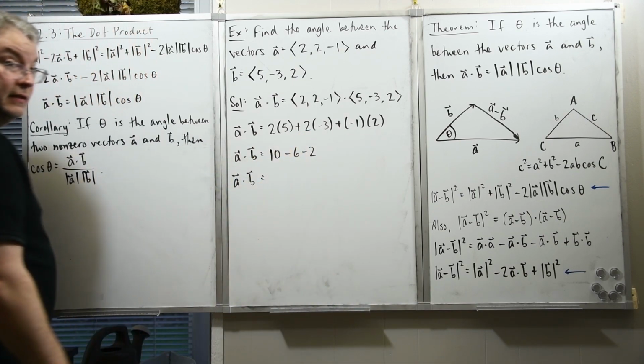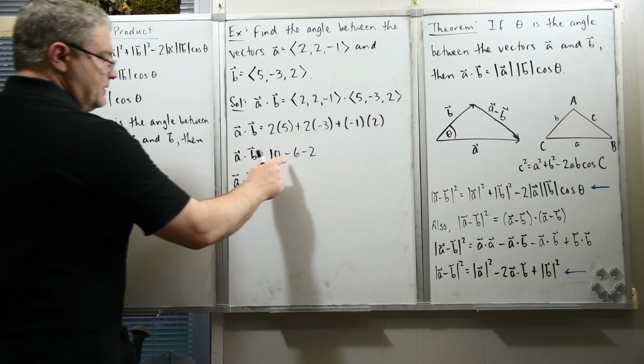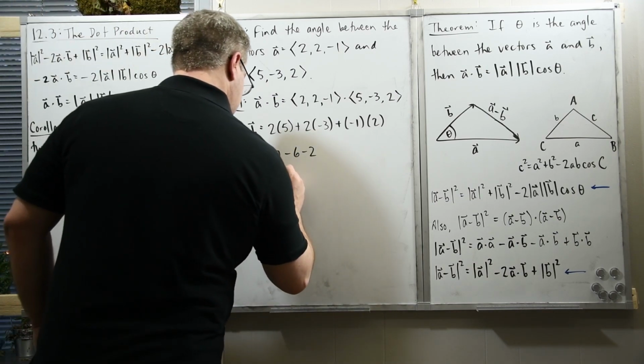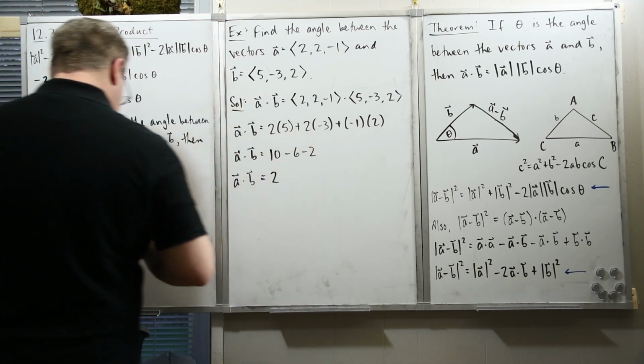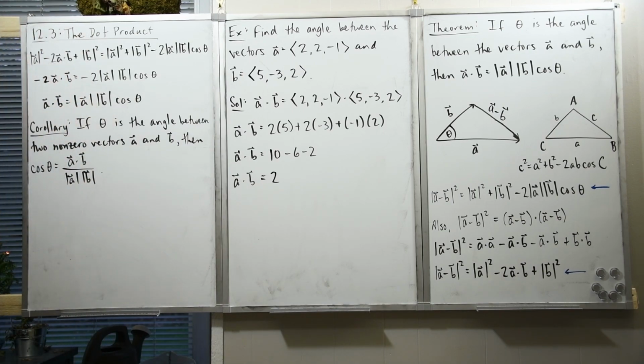Negative 1 times 2 gives you negative 2. And then 10 minus 6 is 4. 4 minus 2 gives you 2. Which means that a dot b is equal to 2. Now when we go to figure out theta, cosine theta is a dot b over magnitude of a times magnitude of b, and this top part we know now would be 2.